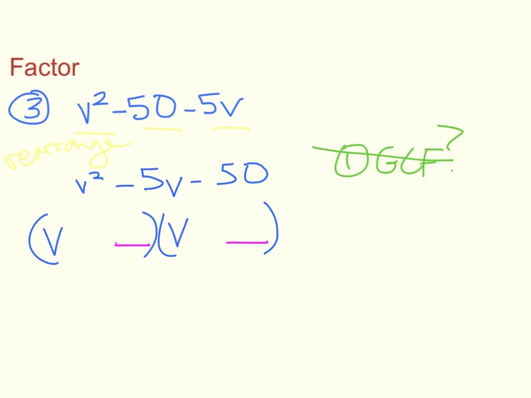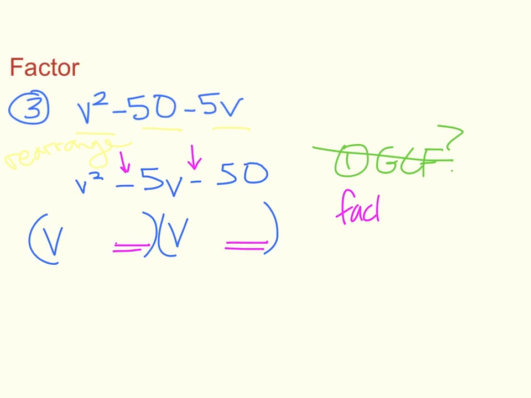If this were plus and plus, we could go ahead and put the pluses in down below, but they're not, so we'll leave those for now. The last two things in both those parentheses have to multiply to be 50.